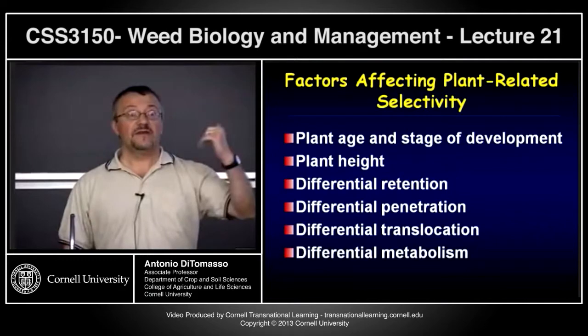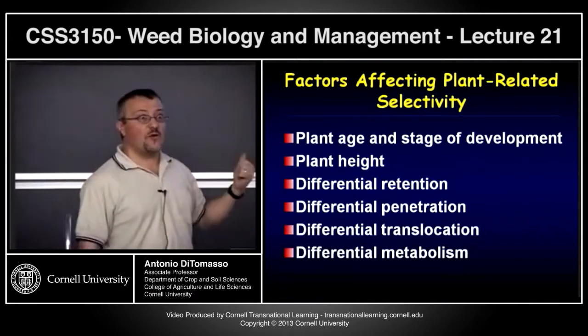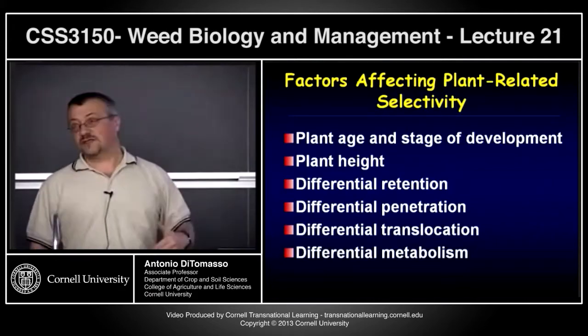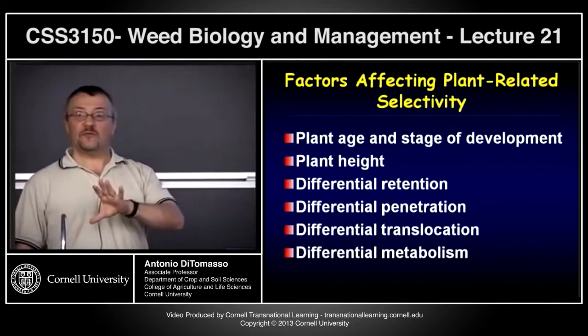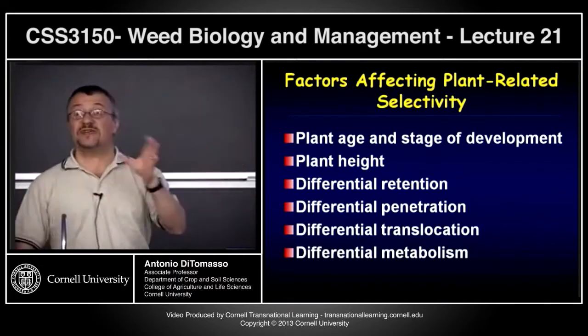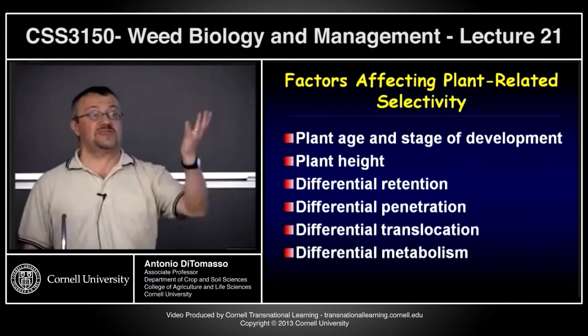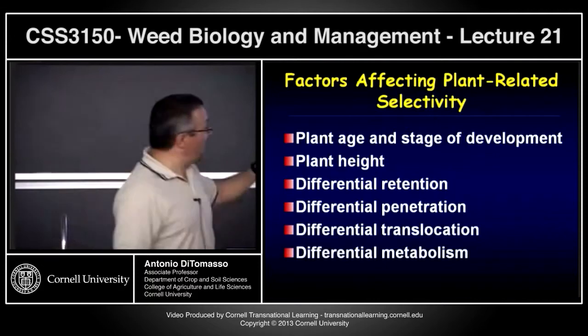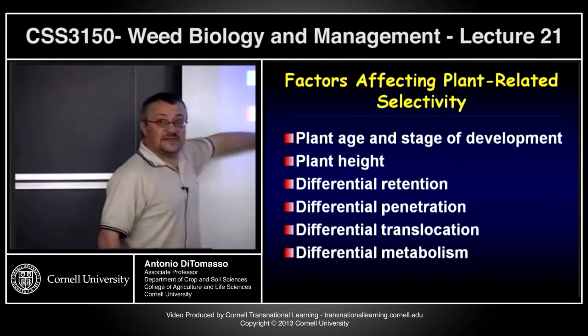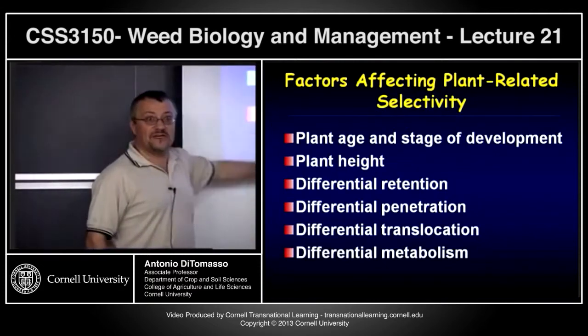What is it? I'll tell you about the ability of corn to detoxify atrazine through various steps. In soybean, we can't use it because soybean only has one out of the 3 steps to detoxify. Corn has all 3. I'll take you through that. But by far, this is the main reason we're able to have selectivity.